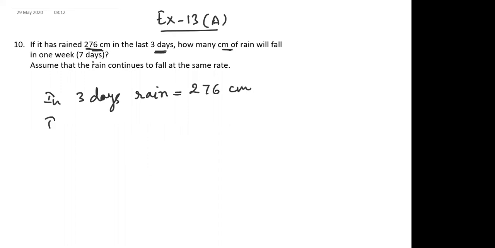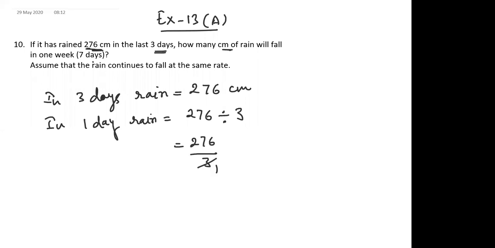So in 1 day, rain is equal to 276 divided by 3. 3 ones are 3, 3 nines are 27, 3 twos are 6. 92 centimeters.